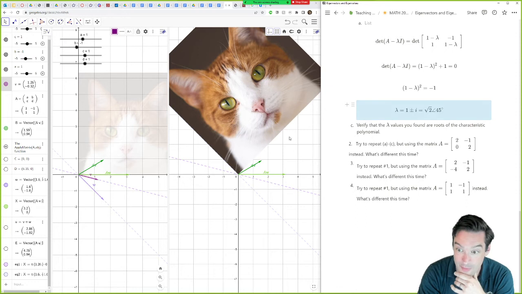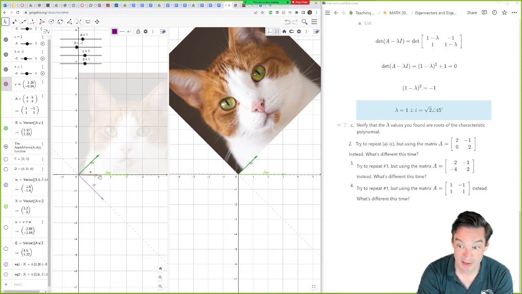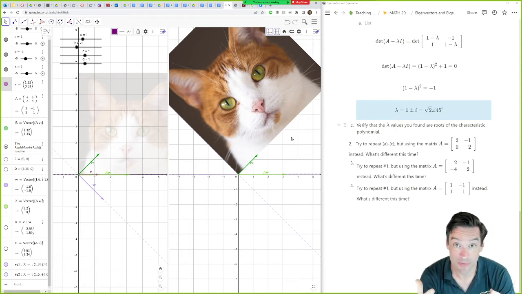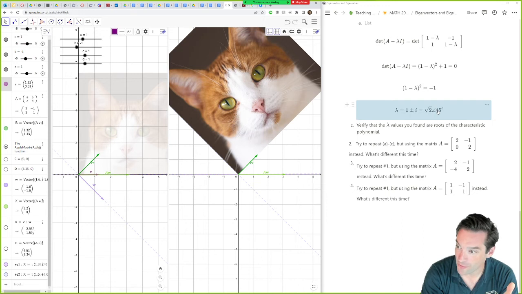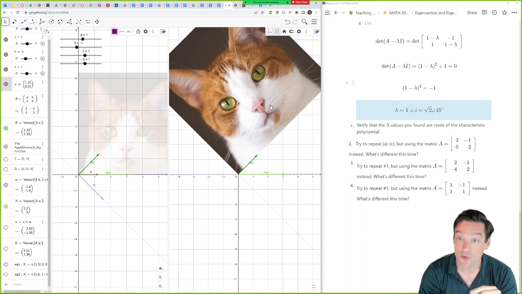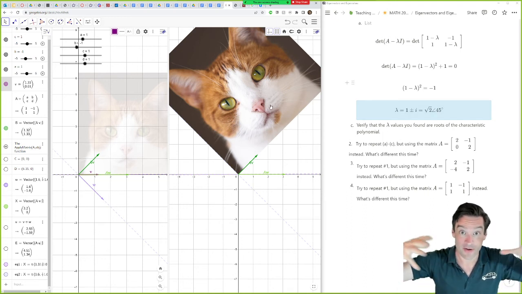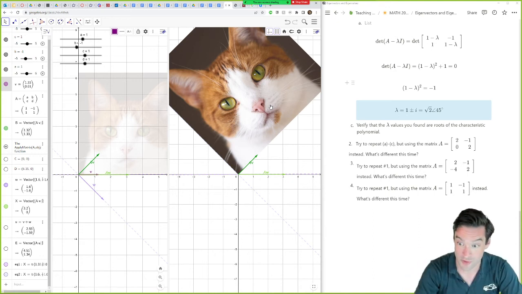And so when we do that, we find out that 45 degrees is the angle of rotation of my cat picture in this example. 1 plus i and 1 minus i are both the solutions to this. Square root of 2 angle 45 is 1 plus i. Square root of 2 angle minus 45 would be 1 minus i. But square root of 2 is telling me the scaling factor, how much bigger the cat picture is in the codomain compared to the original.